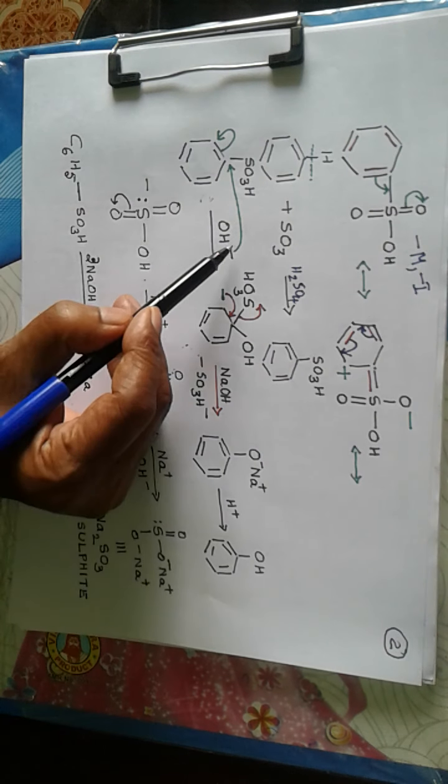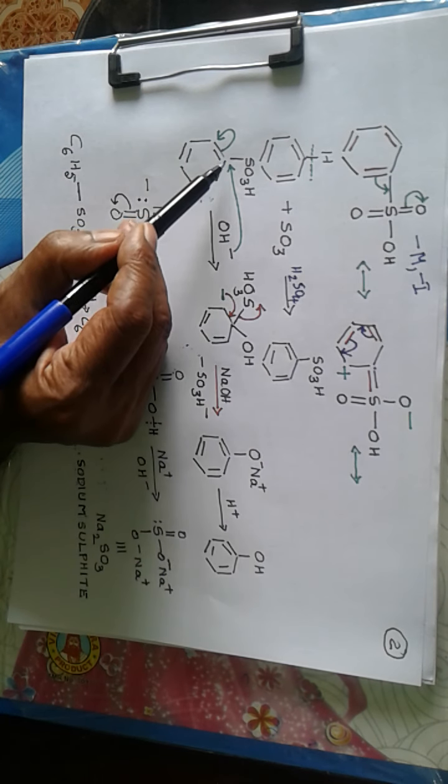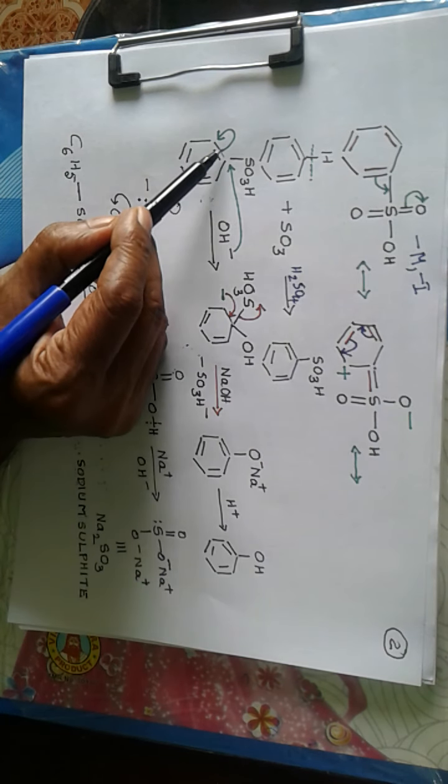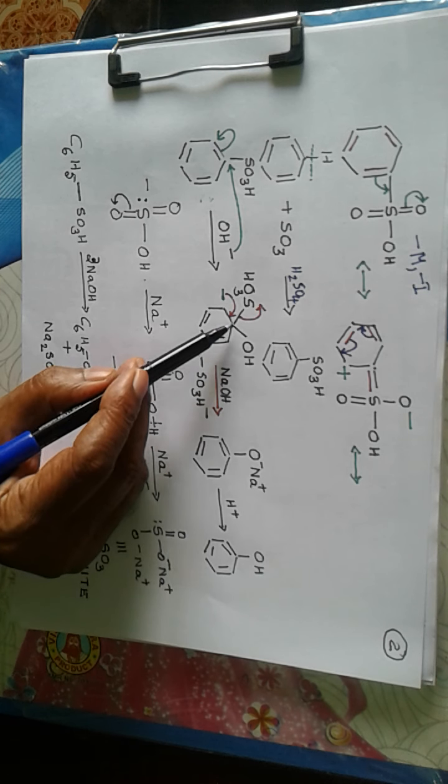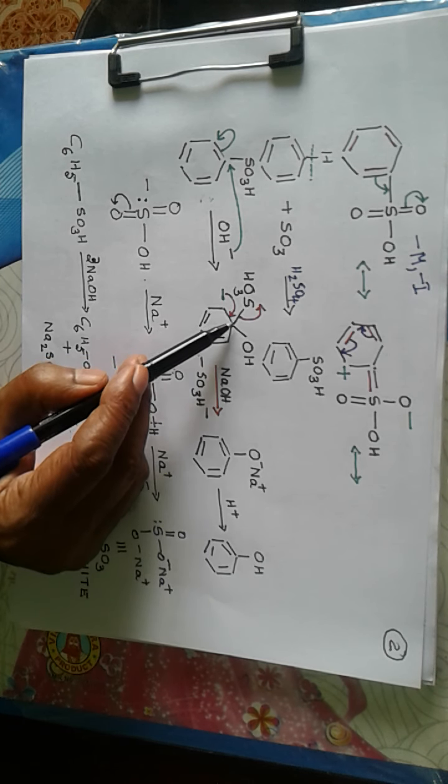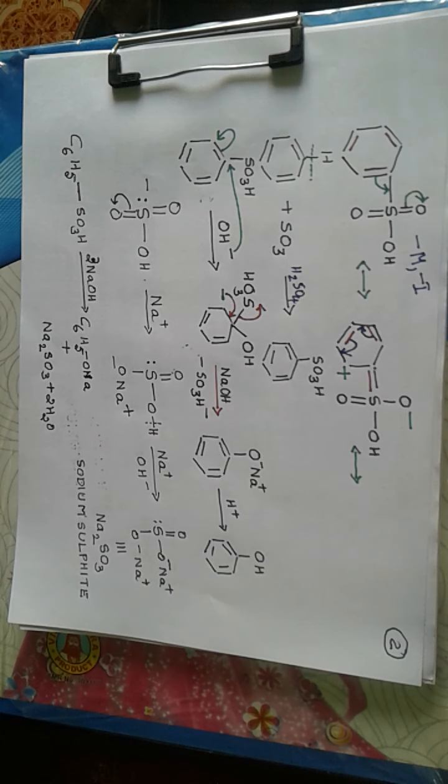Now when OH negative attacks this carbon 1, the pi bond here ionizes, we get a negative charge here, and we get a bond between OH and this carbon, and the already present SO bond in SO3H.